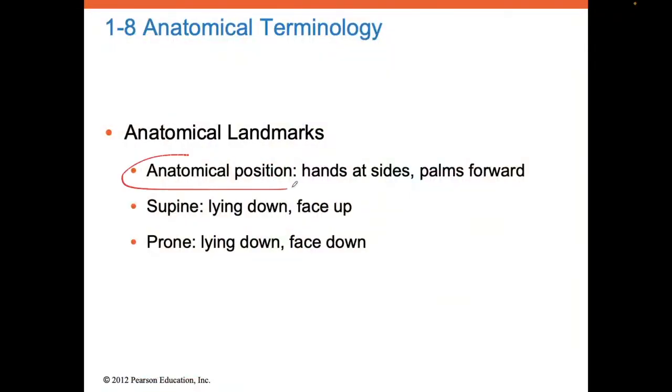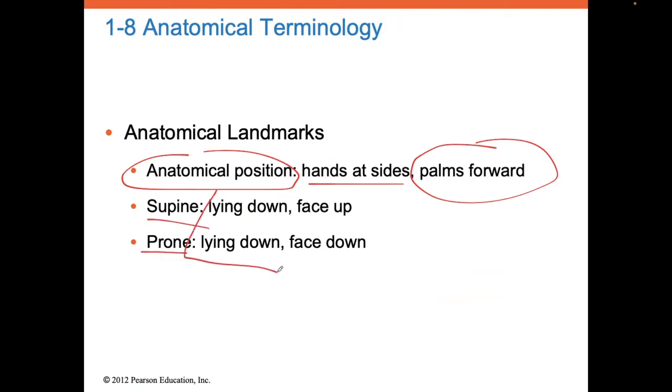Anatomical position, we've learned, is the hands at the side, palms facing forward, feet flat on the floor. Let's look at these two terms, supine and prone. They both refer to the individual lying down. Supine is when you're face up and prone is when you're face down.